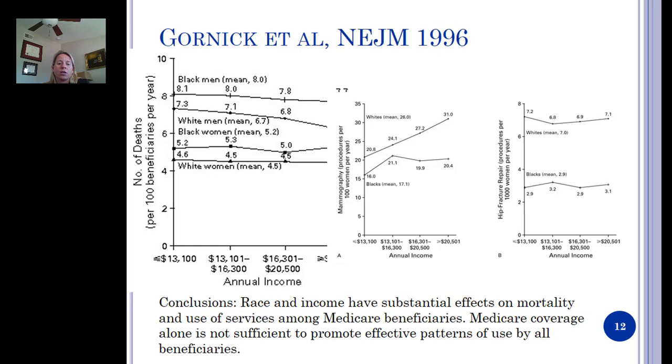This study essentially reinforced the belief that the uptake of Medicare services differed by race as well as by income, and therefore there was a need to further understand why that is occurring and then implement ways to ensure that people who meet the Medicare beneficiary requirement, which is usually age, are using those services.